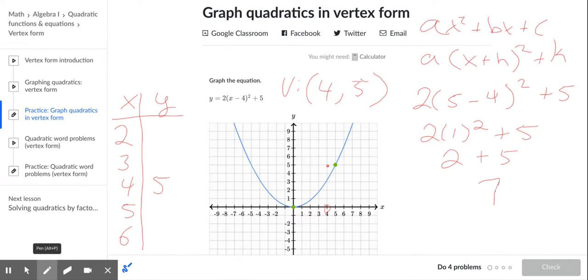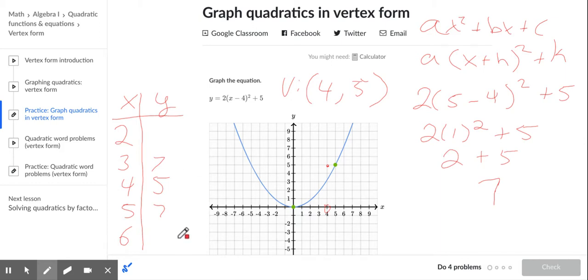So when I plugged in 5, I got 7. So 3 is also going to be 7, because if they're the same distance away from the vertex, they're going to have the same y value.